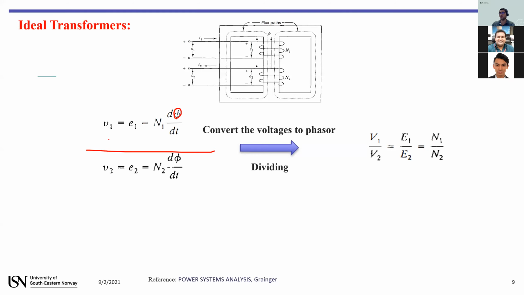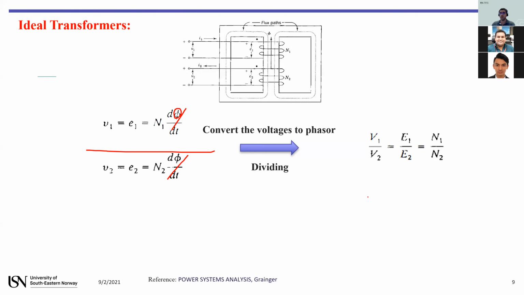You can see if you divide it, because flux is the same for both windings, we have the same flux here. This part and this part will be eliminated, and V1 over V2 will be N1 over N2. It's a very important expression.